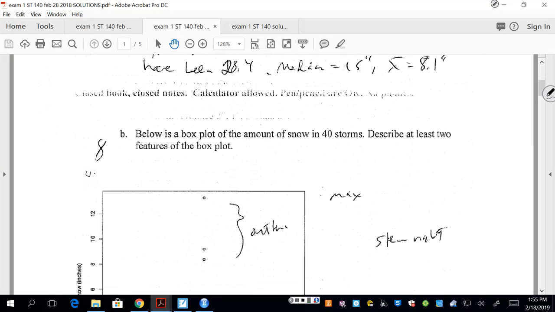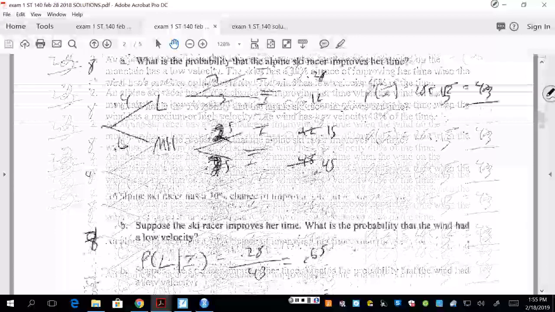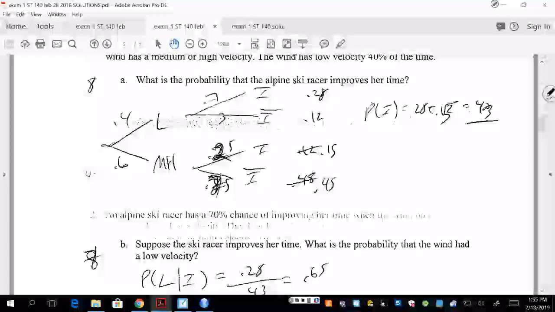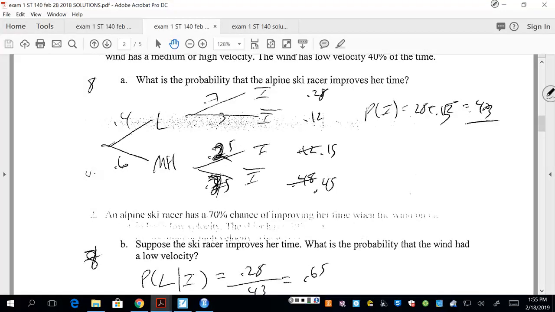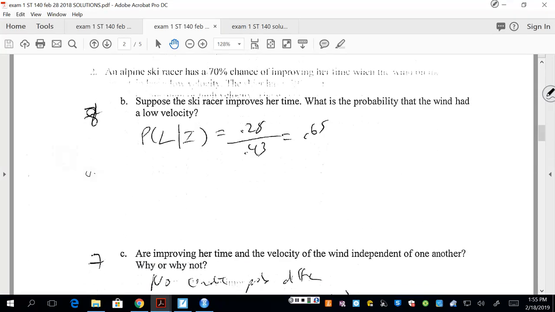But that's that one. This next one, here's the full tree. This particular question just actually asked about the upper ones. It's a little bit messy, but it's 0.43. The probability that the student improves their time, with the ratio of things, is about 65%. You draw a tree, you write symbols, you write it in words.